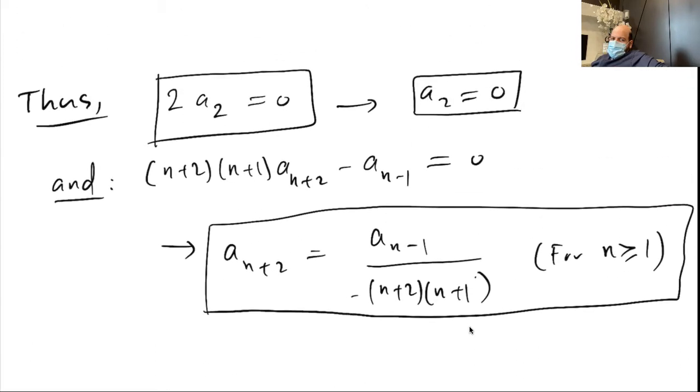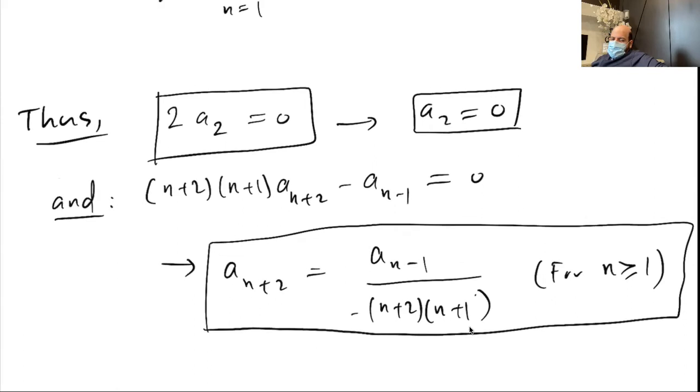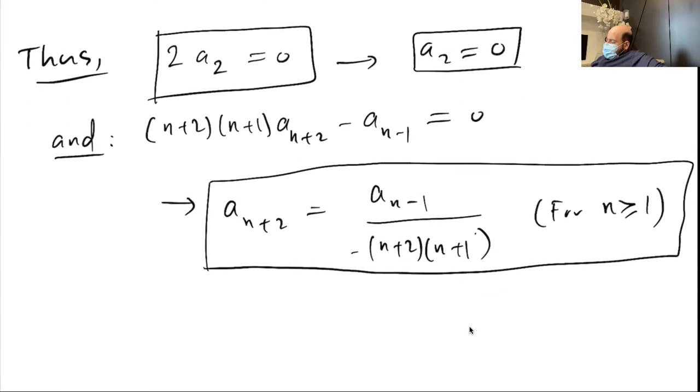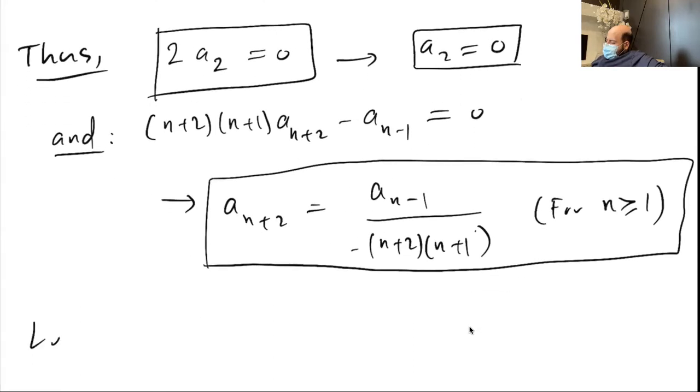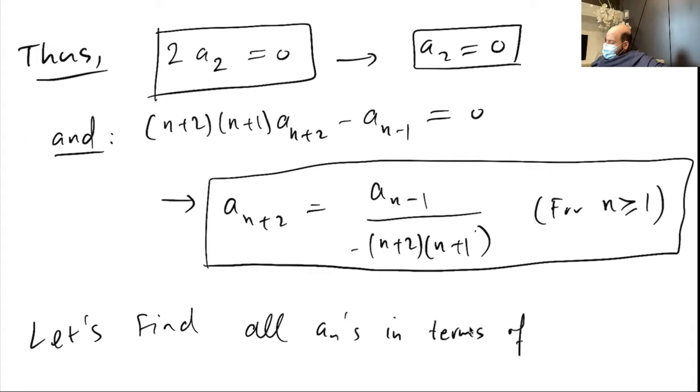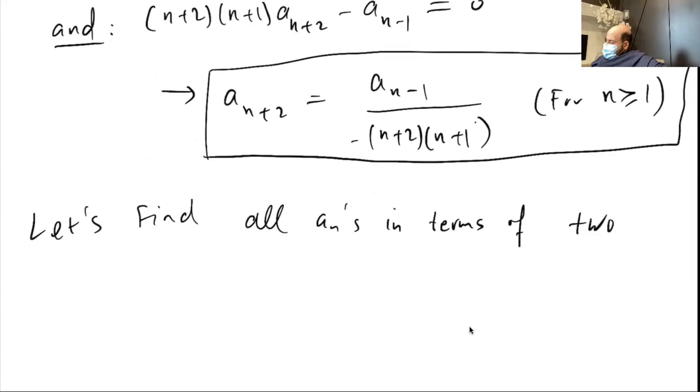Now let's see whether we can find the remaining coefficients in terms of two arbitrary constants. Here we need two arbitrary constants. So let's find all a_n in terms of two arbitrary constants.